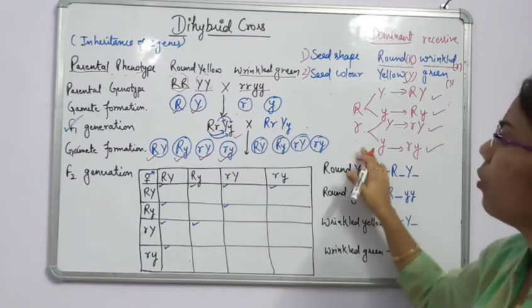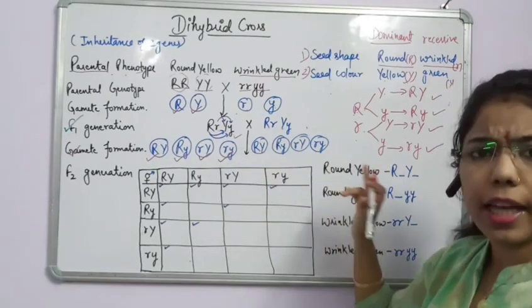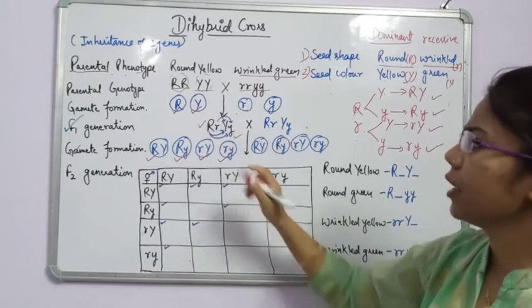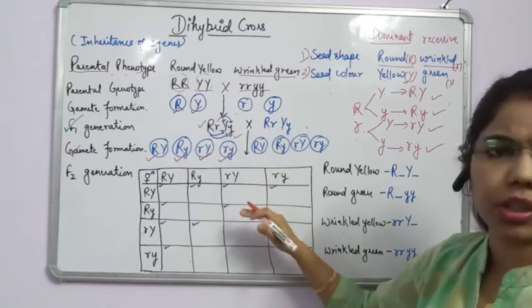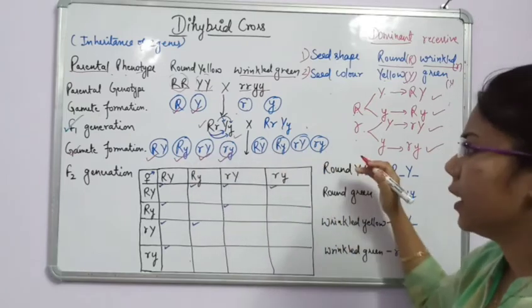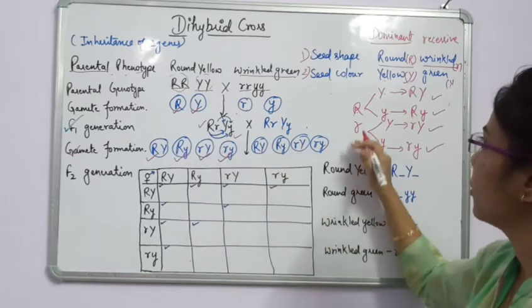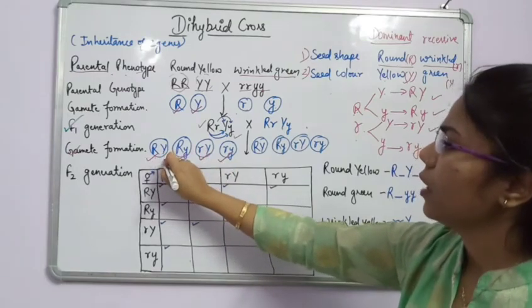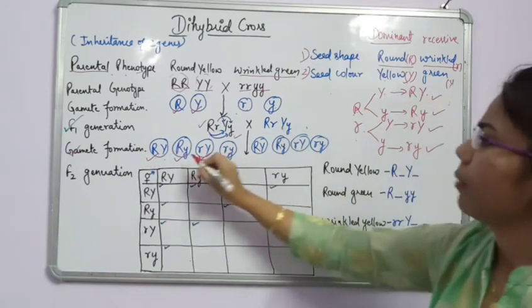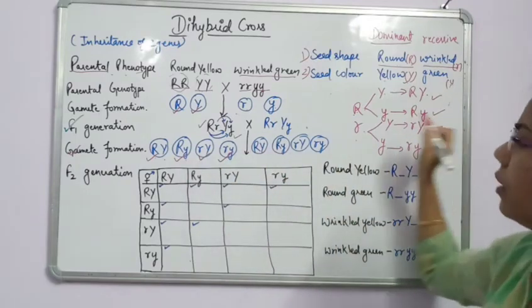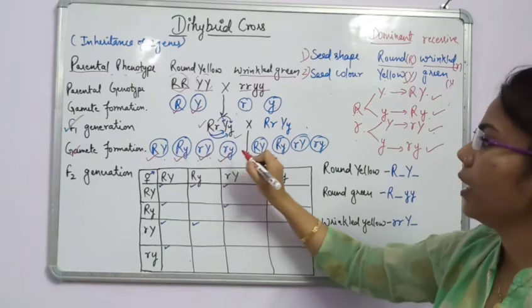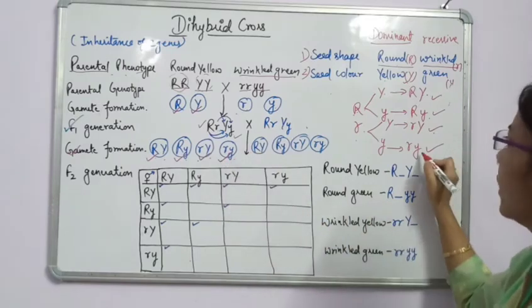Now which we have formed in the F2 generation. In the F1 generation we have this, but in the F2 generation, after the gamete formation, what will we get? We will get different types of pairs. Here we have written the same thing, capital R, capital Y, capital R, small y from here, small r, capital Y from this side, and small r, small y from this side.